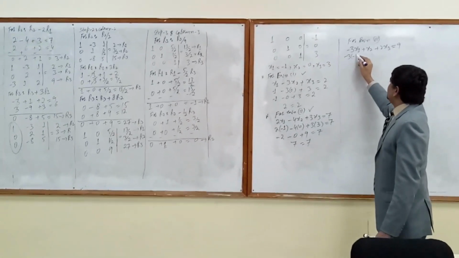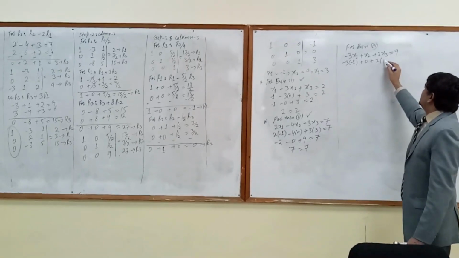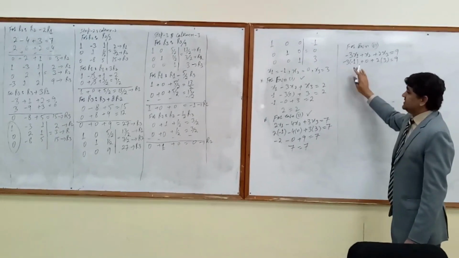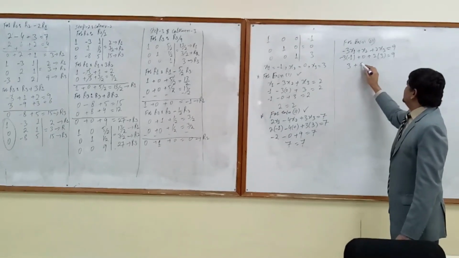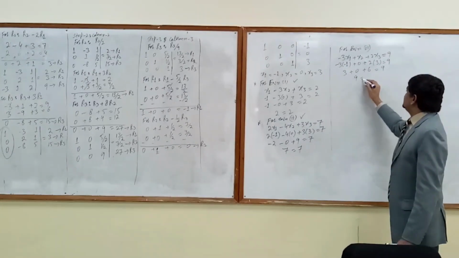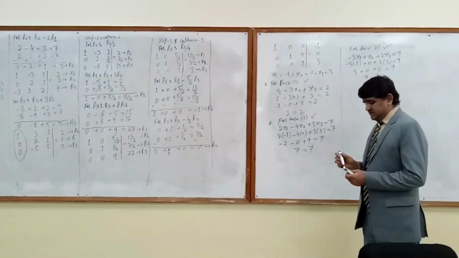Minus 3 into minus 1 plus 0 plus 2 into 3 is equal to 9. Plus 3 plus 0 plus 6 is equal to 9. 9 is equal to 9. Equation 3 is also satisfied.